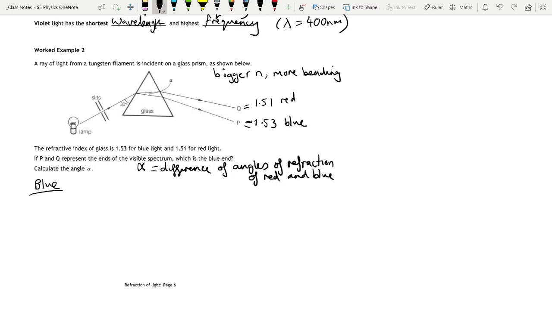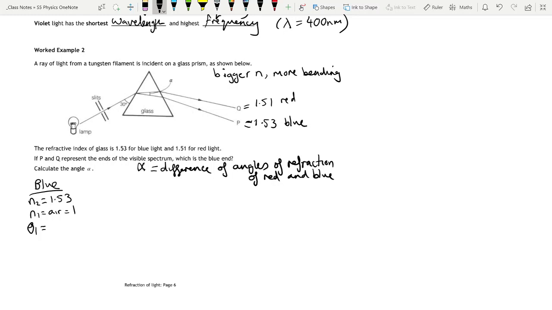So it's going from air, well, we're not told that, but we're assuming it is, into glass. And the refractive index of the glass for blue light is 1.53. Remember, N2 is the second material, N1 is just air, so 1.